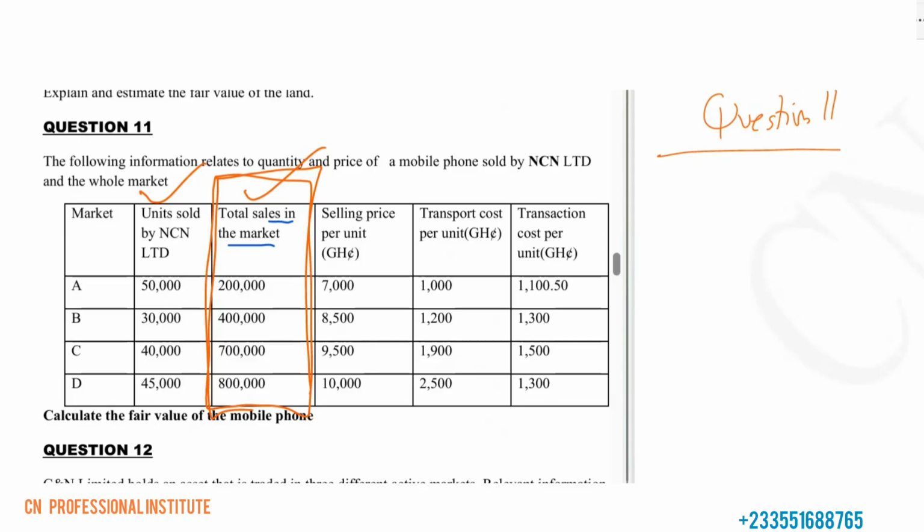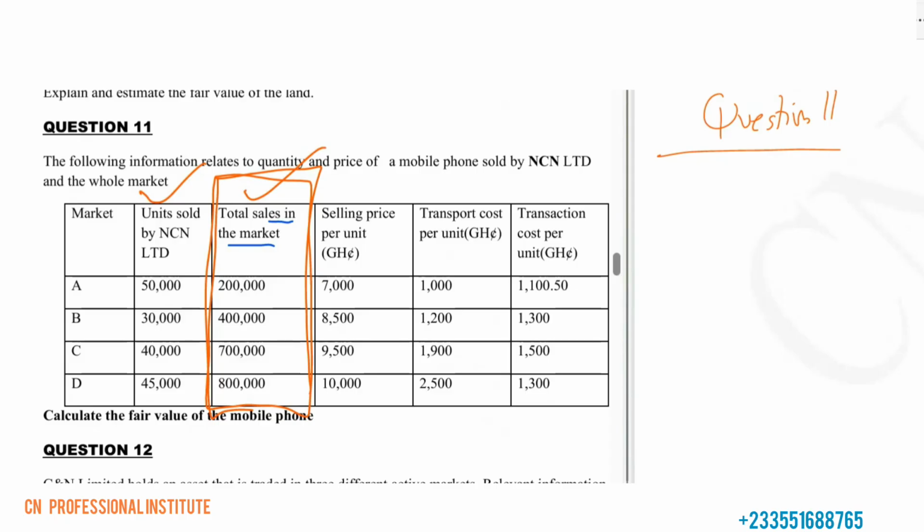So if you look at market A, B, C, and D, in which market can we sell the greatest quantity or the greatest units? Is it market A? Is it market B, C, or D? Here you realize that it is market D.